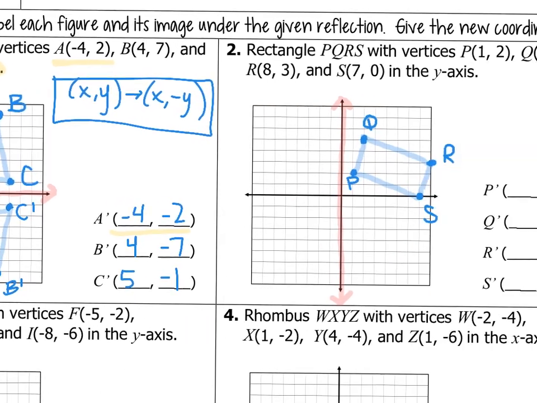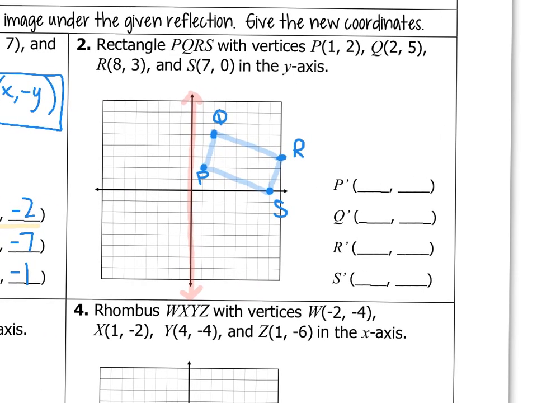Okay, we've got another example, but now we're going to reflect it across the y-axis. So I drew in my rectangle PQRS from the coordinates, but now we're going to reflect it across here. Same process. They need to be a perpendicular line away, and they need to be equidistant away. So P is going to be 1 unit away.